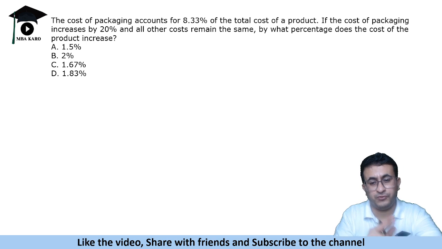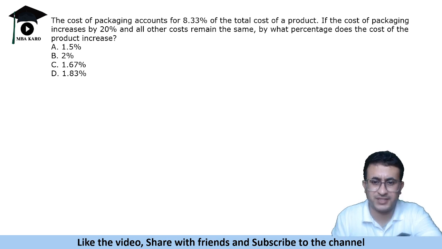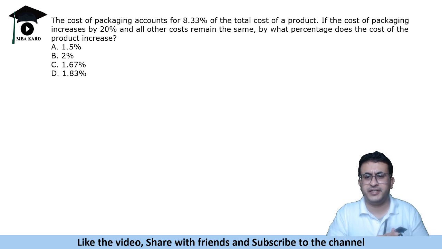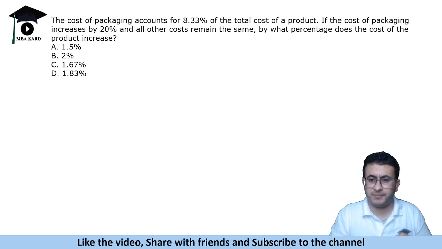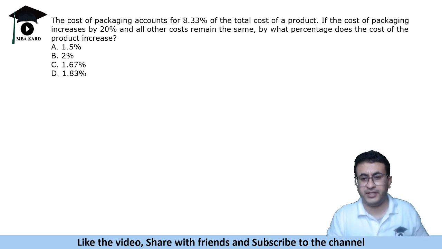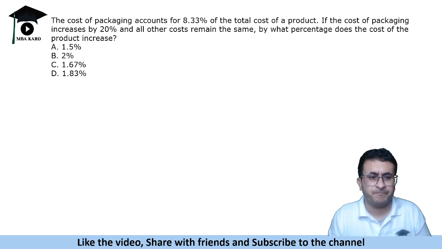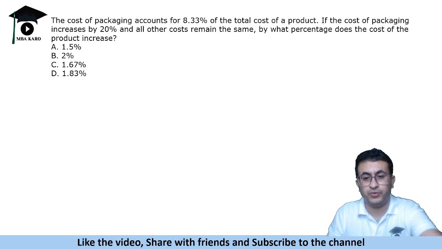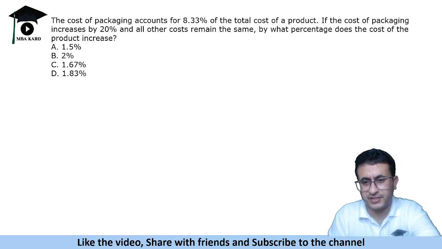If you know these multiplying factors, that makes you so fast in percentages, be it percentage, profit loss, or simple interest, compound interest. And not only this, even in data interpretation, percentage based questions are asked in examinations like SNAP, XAT, etc. So you are much more advanced in solving these questions.